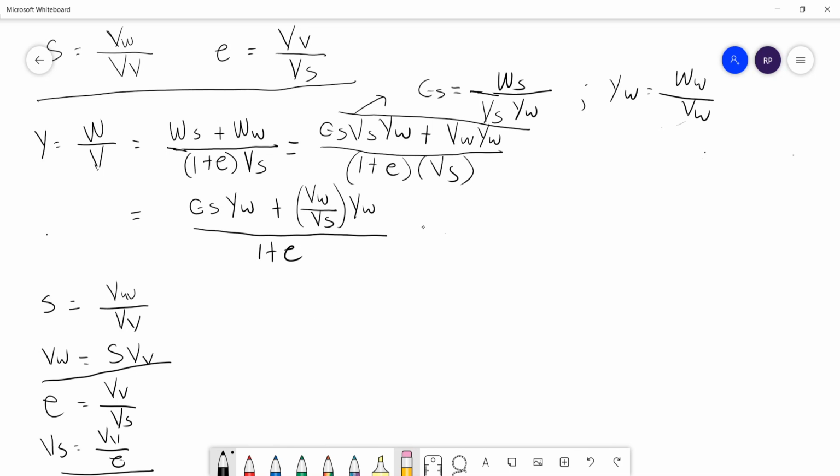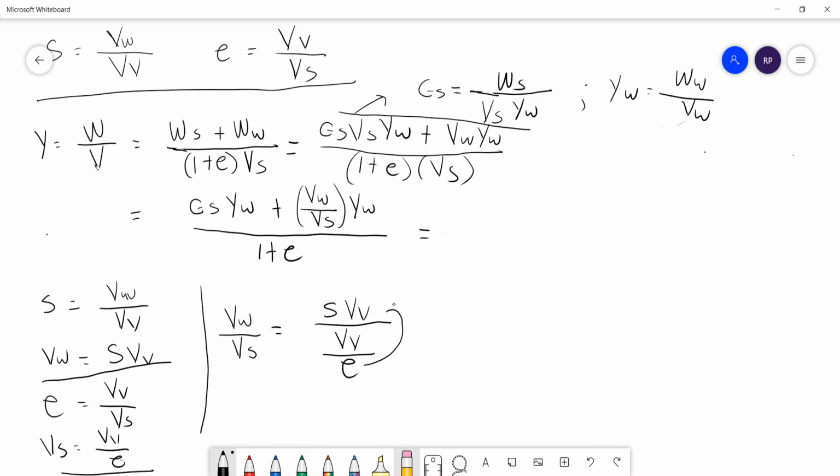Okay, and then if we try to substitute, let's do VW all over VS first, from the derivations of S and e. So VW is S and then VV, while VS is VV all over e.